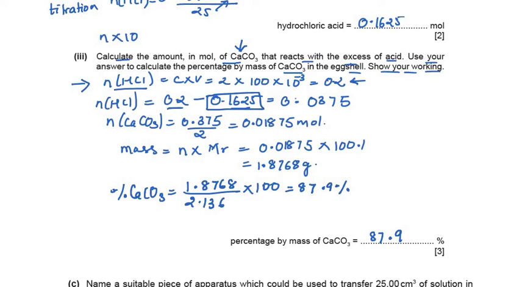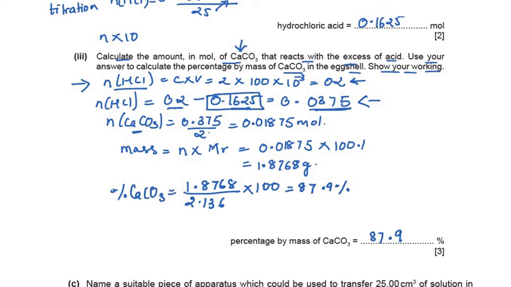Now subtracting the unreacted leftover HCl from the total 0.2, we get the moles of HCl which reacted with calcium carbonate. To find the moles of calcium carbonate, we divided these moles by 2, because the mole ratio of calcium carbonate and HCl is 1:2.